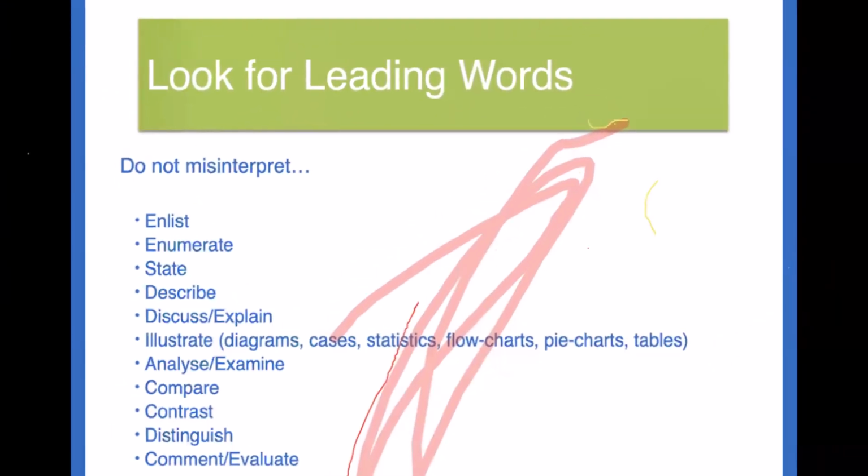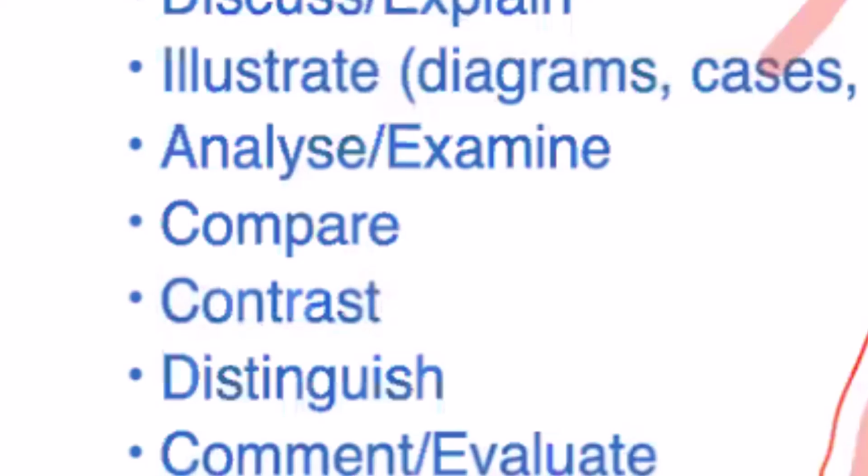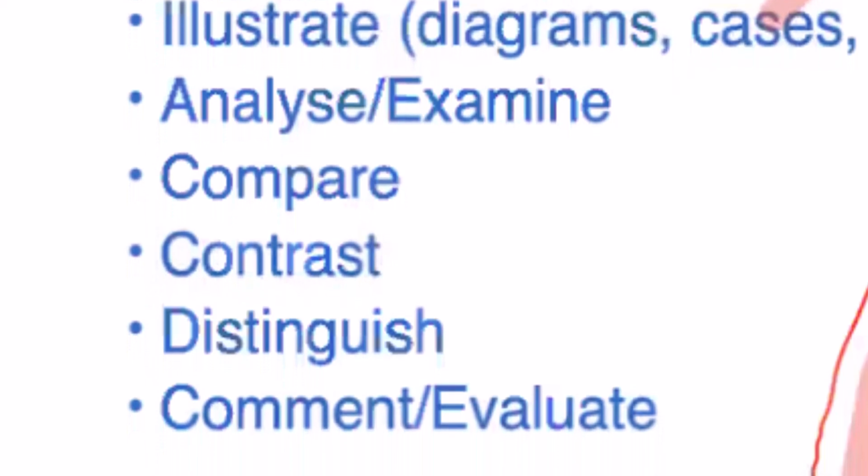Then we have compare, contrast. Compare is you need to place the two concepts, the ones that are supposed to be compared, side by side. You have to focus on similarities more, and towards the end perhaps you can write a bit about how dissimilar the two concepts are, and then round it off in a very systematic fashion.